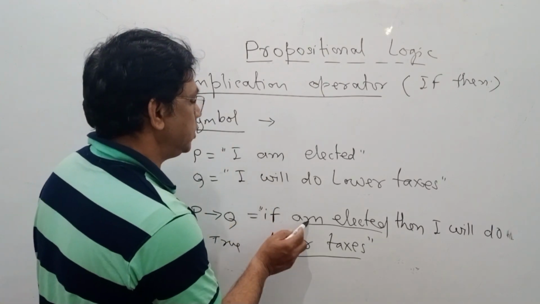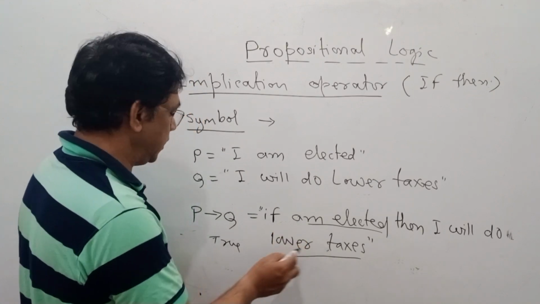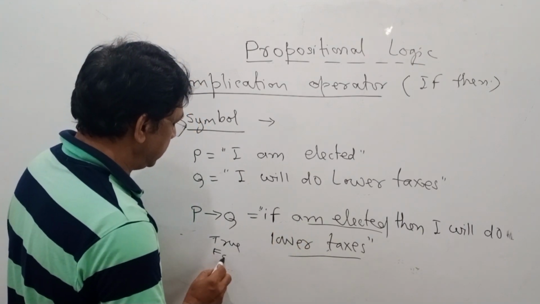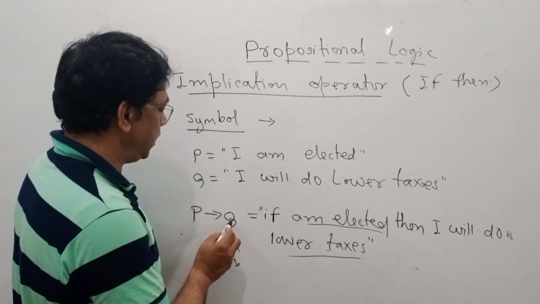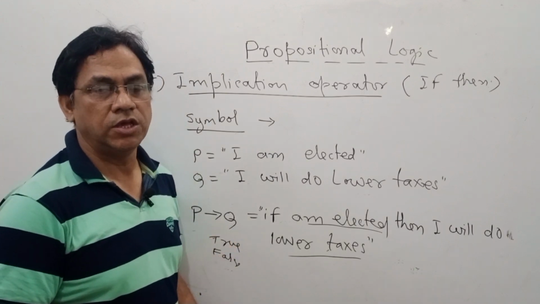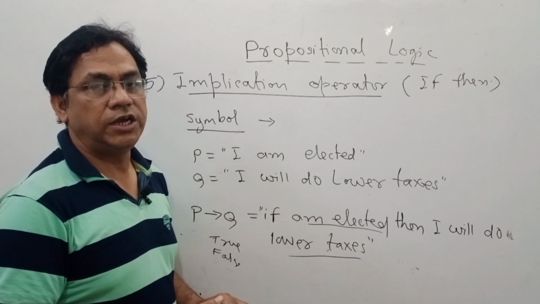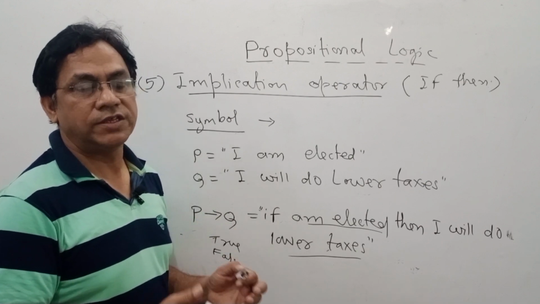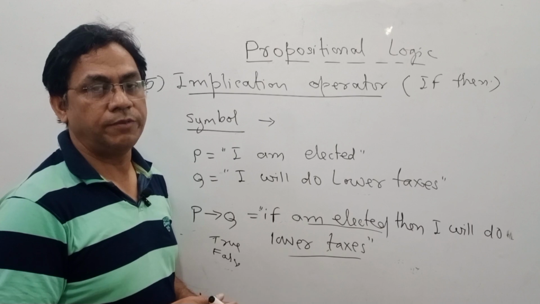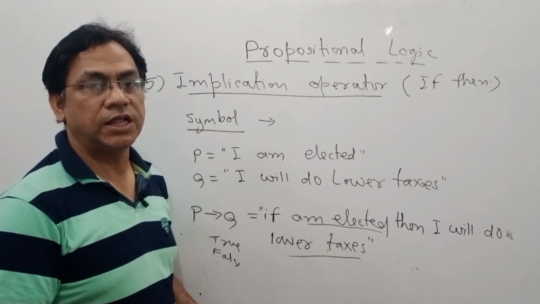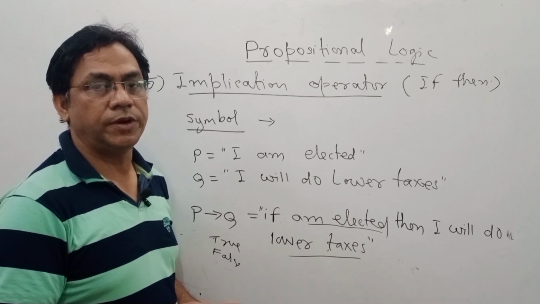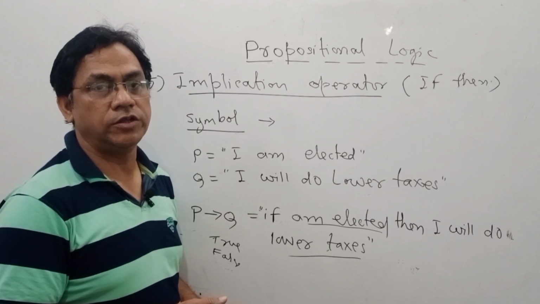But if the condition is false, the statement will not be executed, and in that case P implies Q carries the false value. This type of statement can be used in our artificial intelligence programming, in languages like Lisp and others.